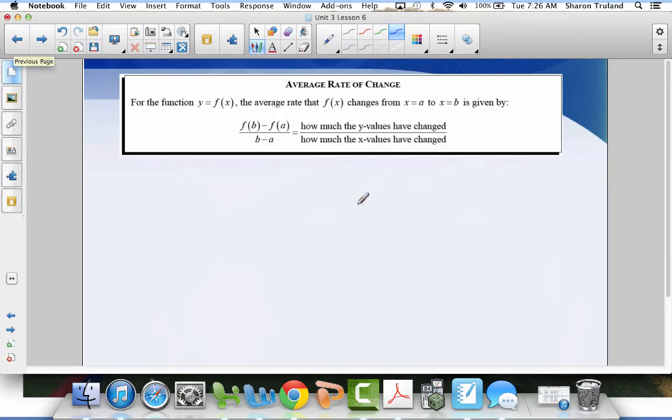So average rate of change is what we're going to look at now. And it is fancy for something you may have learned last year, slope. It's the change in y over the change in x. And yes, you may be looking at me going, Mrs. Trulin, you're drawing a triangle. Why are you saying the change?